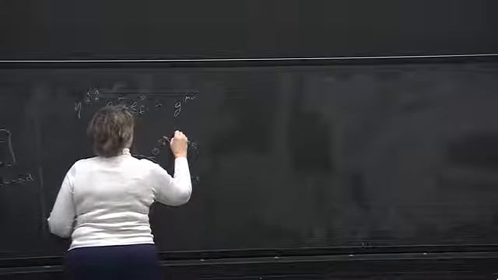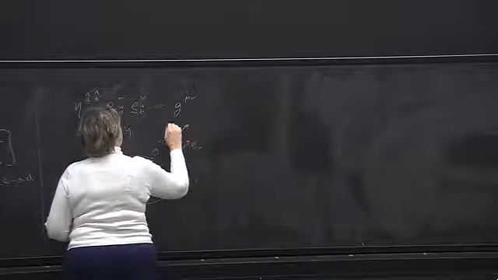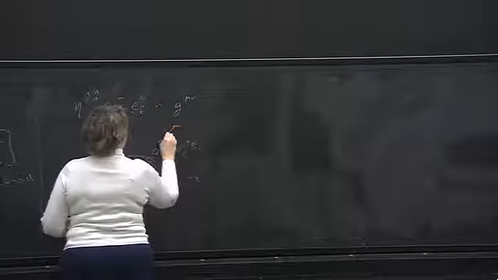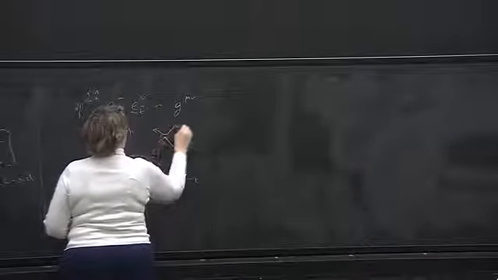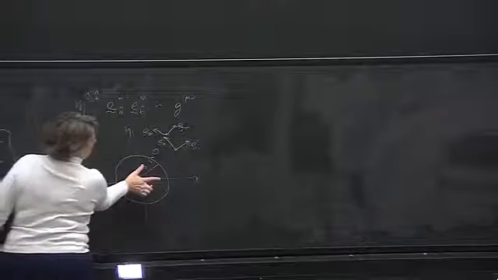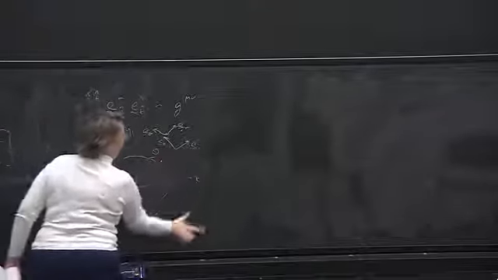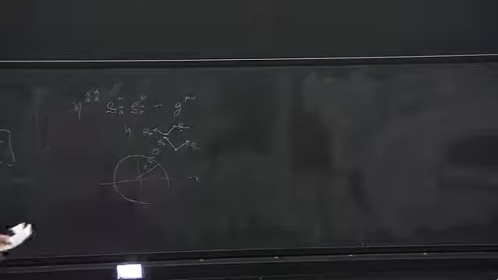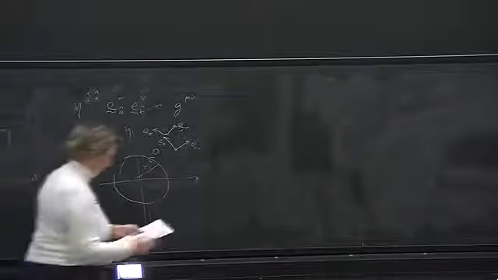But if I go to a different point, let me go a bit further out so it's more obvious, my er and e theta have rotated. So although the xy coordinate basis is the same throughout the plane, as I move throughout the plane, my er and e theta basis changes.